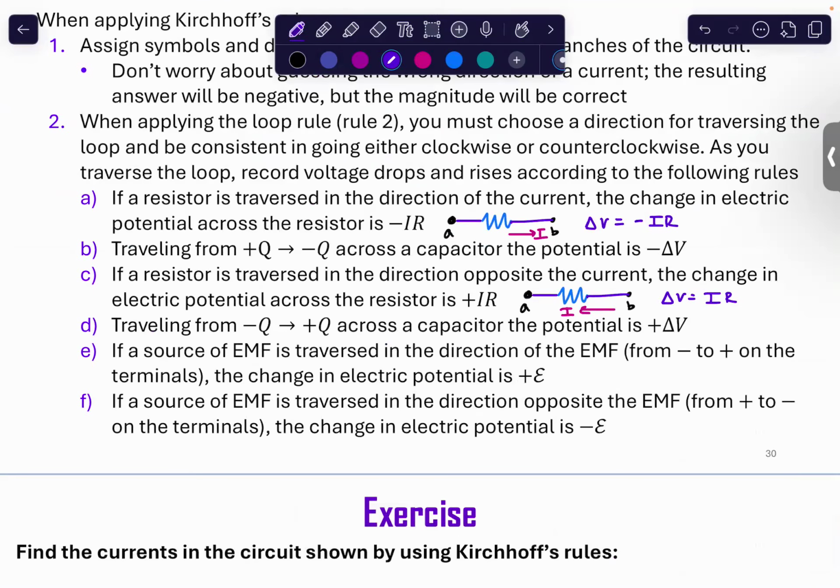If you cross a source of EMF from negative to positive, your change in electric potential is your positive EMF.